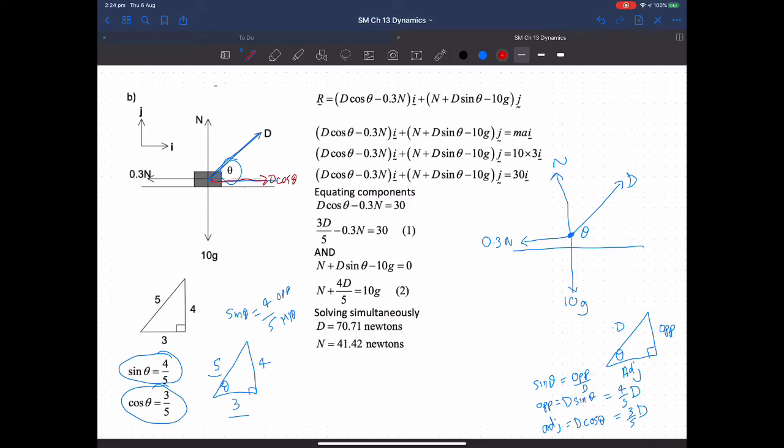Now, because I'm resolving vector D, if this is D cos theta horizontally, vertically is D sine theta, hypotenuse is D. If I'm going to resolve this, I have operating upwards D sine theta. But I'm not going to write that there. I'm going to take that vector and move that across so that it is along the axis.